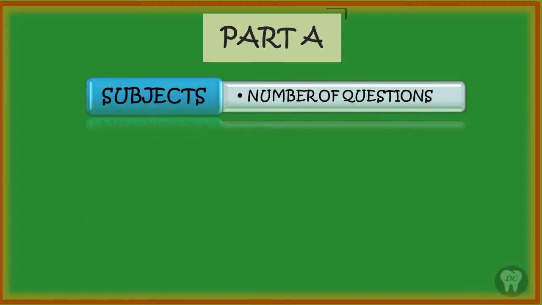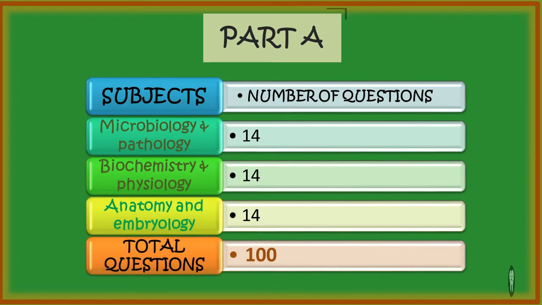Then microbiology and pathology, biochemistry and physiology, anatomy and embryology. From these subjects, you will get 14 questions each. That means in total we have 100 questions in part A. Basically, all the basic subjects are under part A.